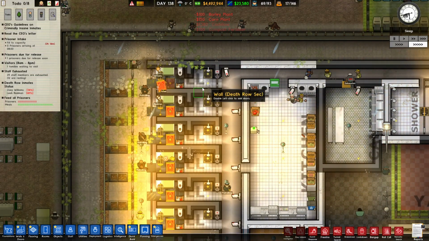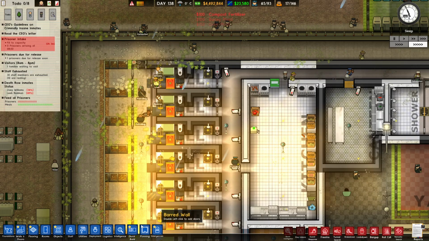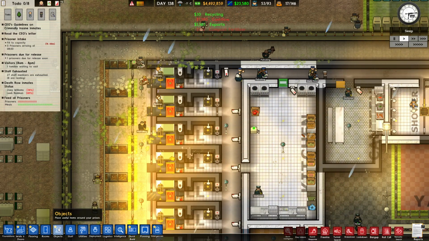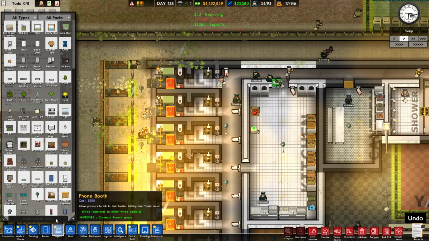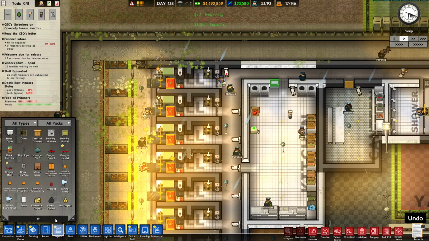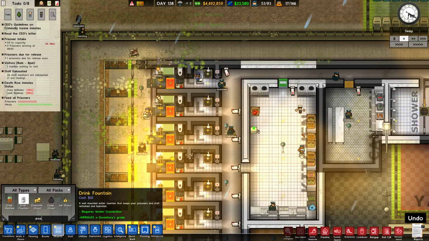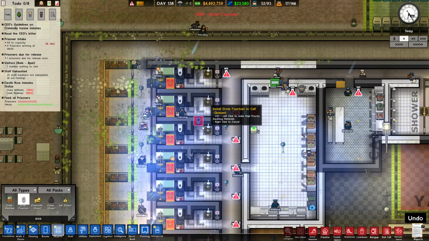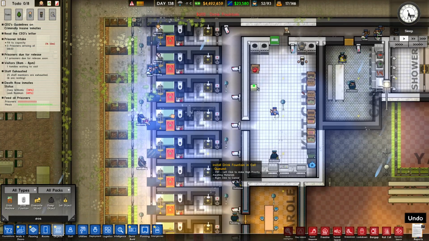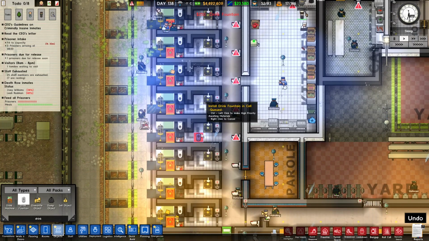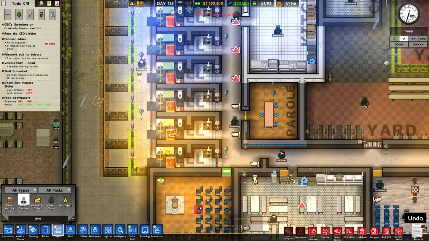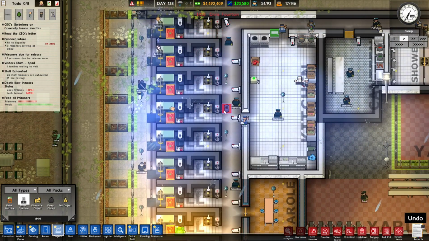So, hydration. We can't leave the cell, so what we could do is add in a drink fountain in the cell. Here. That should be on the water pipe where it is, because the shower's on one side and the toilet's on the other, so that should be alright.